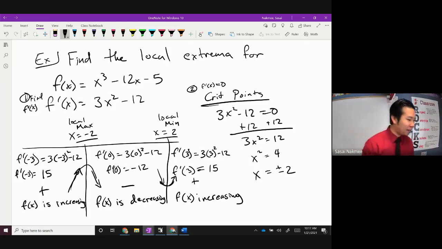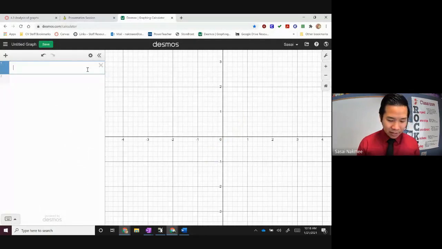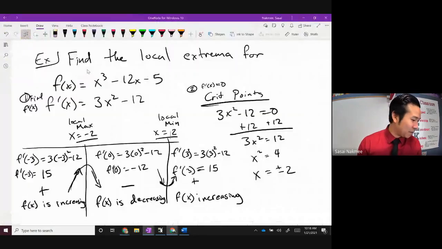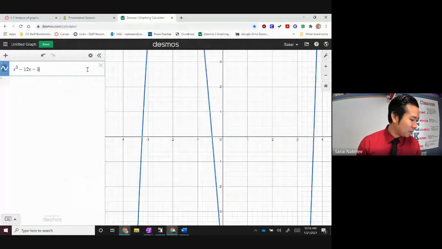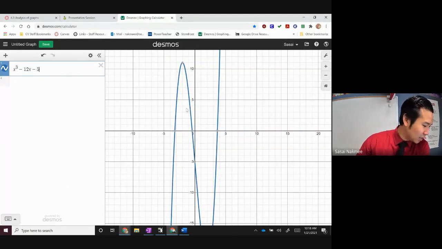And if I were to graph x cubed minus 12x minus 5 onto Desmos, and I want to go look at -2 and +2, it's kind of neat. You ready for this? x cubed, I already forgot the function, minus 12x minus 5. Boom. So here's my graph. And check this out. Look at this beautiful graph.